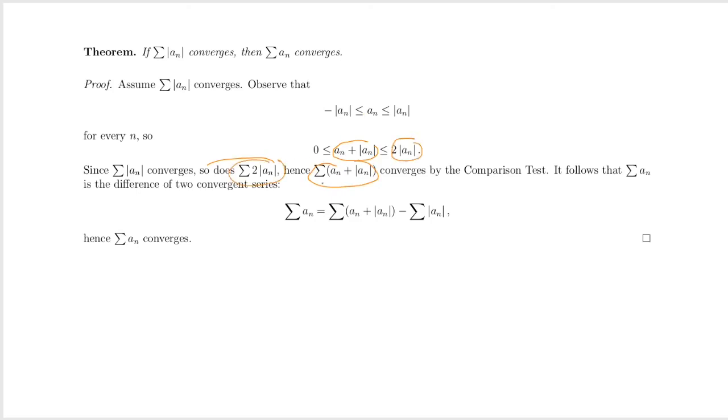And so that tells us that this series converges by the comparison test. And then here comes the punchline. The sum of a sub n is this convergent series minus this convergent series. So this is just some number and this is just some number. And that means that this must converge to some number as well. And that completes the proof of the theorem.